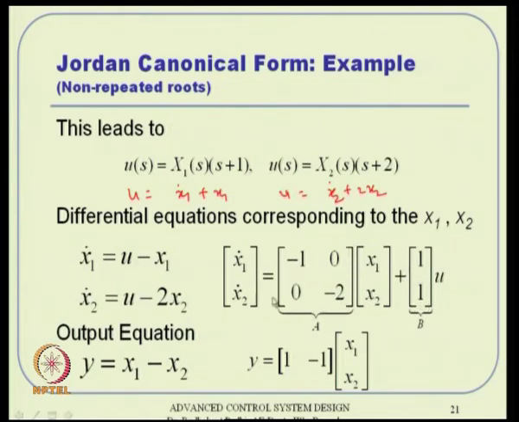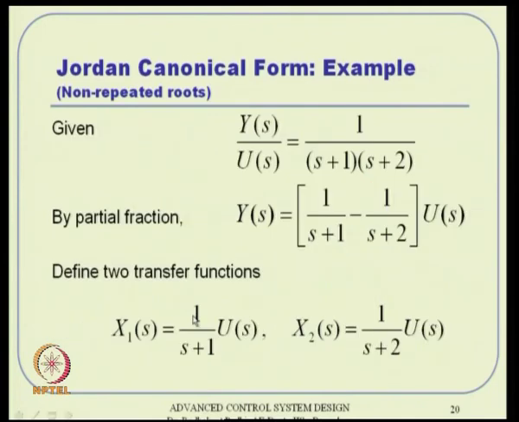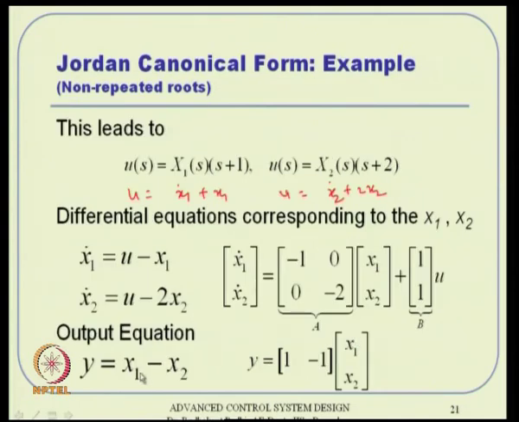And then the output equation. Remember, what is my output here? Output is this expression minus that expression, multiplied by u, by the way. So, U by (s plus 1) minus U by (s plus 2) is nothing but x1(s) minus x2(s). That means y is nothing but x1 minus x2.